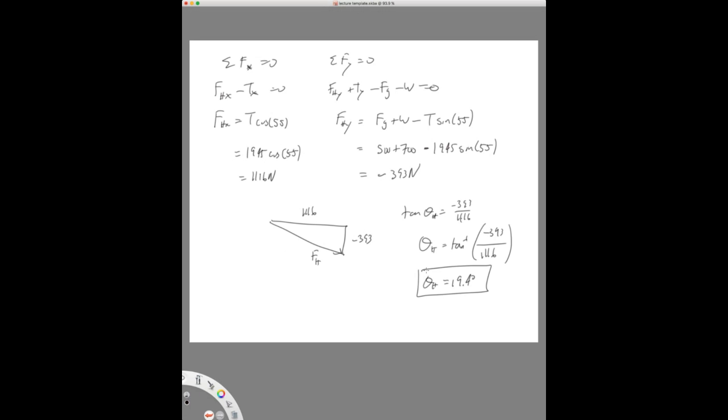That looks like it fits with having a positive x component and a negative y component. So I think I don't have to add 180. And the force hinge, the magnitude of this would be the square root of the sum of the squares of the components. That is 1,183 newtons.